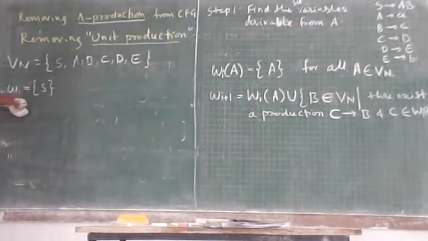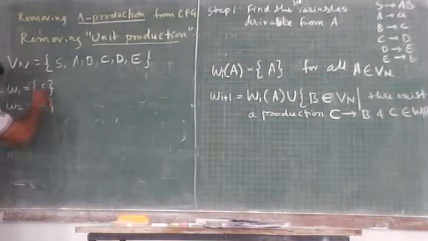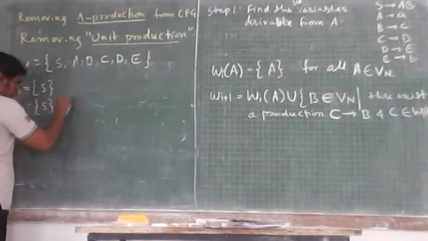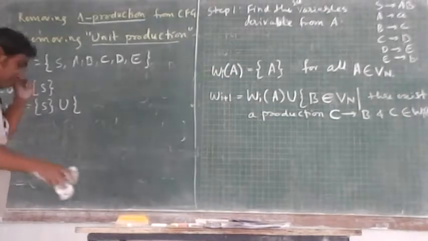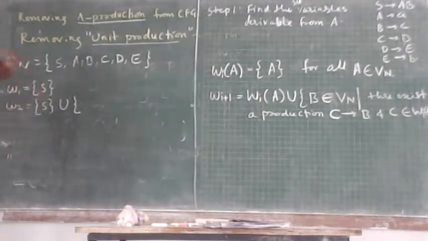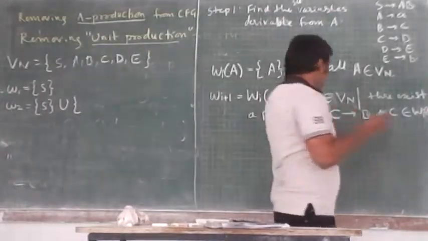Here I selected the S variable, and for it I am calculating W2. W2 is this plus union the additional variable. So what is the additional variable we can add to the next working set?